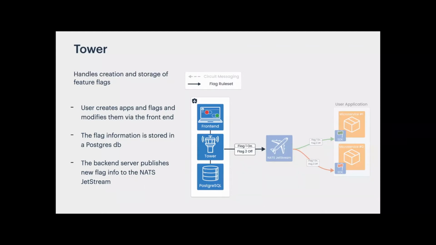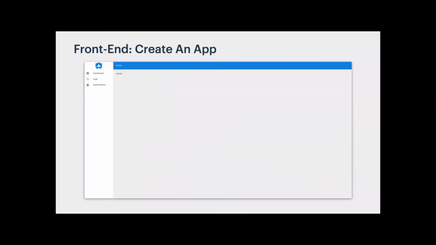All of the feature flag data is stored on a Postgres database, and whenever a change is made to the flag data, the backend Express server publishes the full set of new flag-related information onto the NATS Jetstream, where it is then dispersed to the rest of the project. Before we take a more detailed look at the other components, the NATS Jetstream and the SDKs, I'm going to show some examples of how to use the front-end interface.